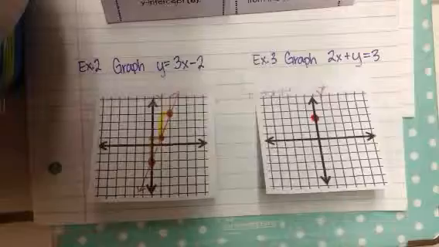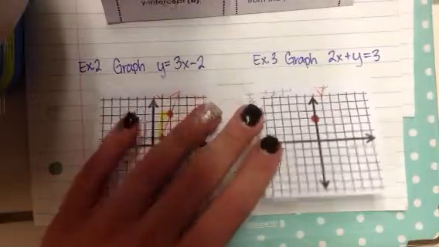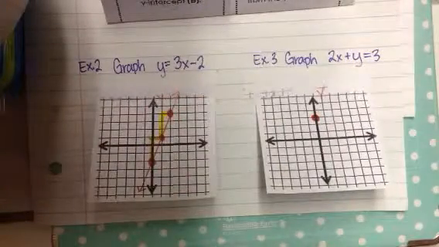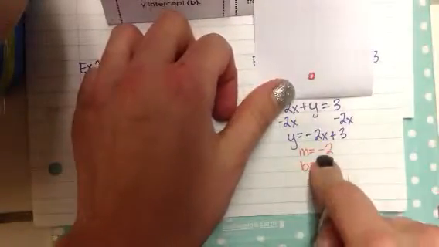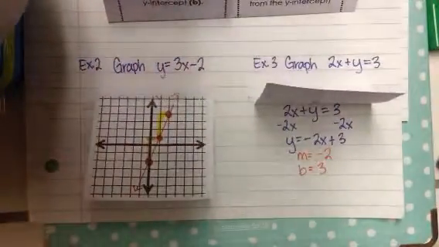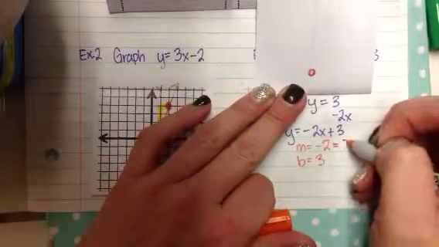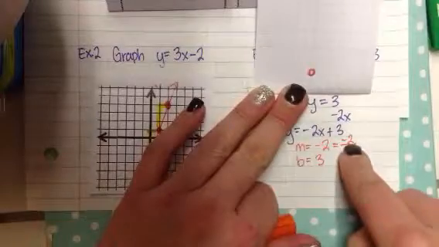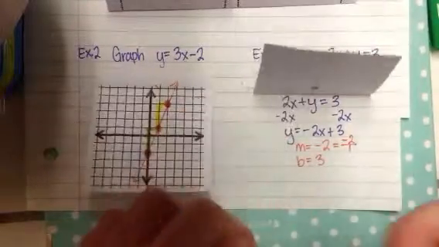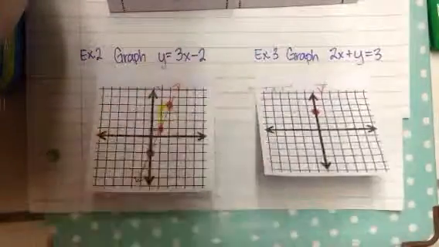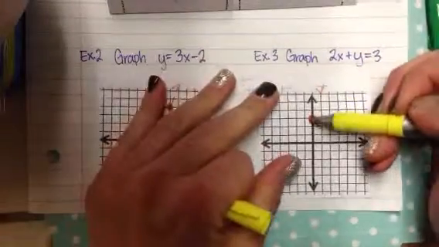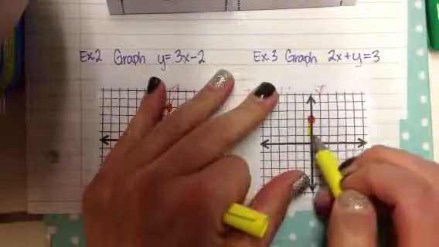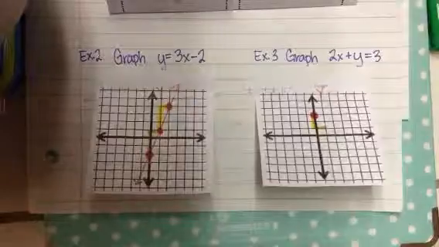And now we can move on to step 4, which is to use the slope to plot additional points starting from the y-intercept. So our slope is negative 2, which is the same as negative 2 over 1. So we are going to go down 2 and over 1. So we'll go down 2 over 1.